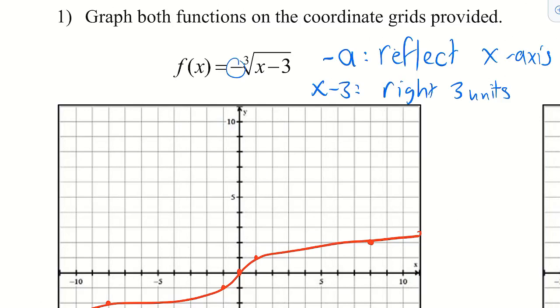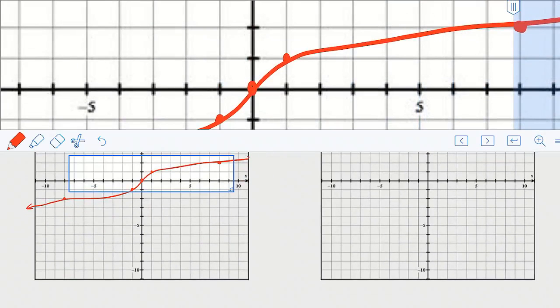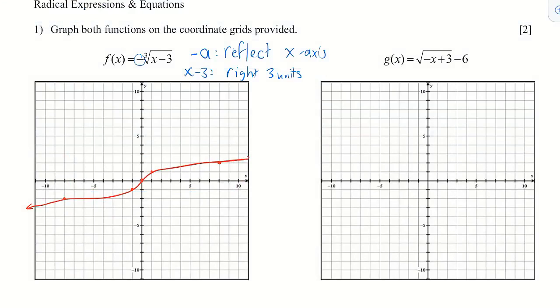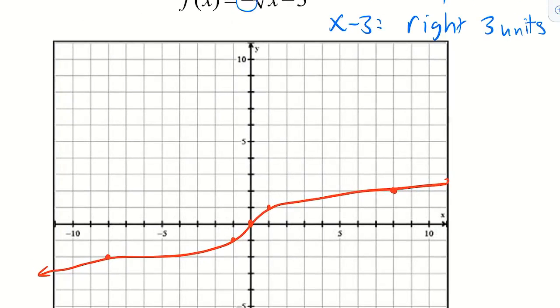So now I'm going to do its reflection and then move those over 3 units. When I reflect it, this specific point, like let's say 1, 1, goes down to negative 1, negative 1.